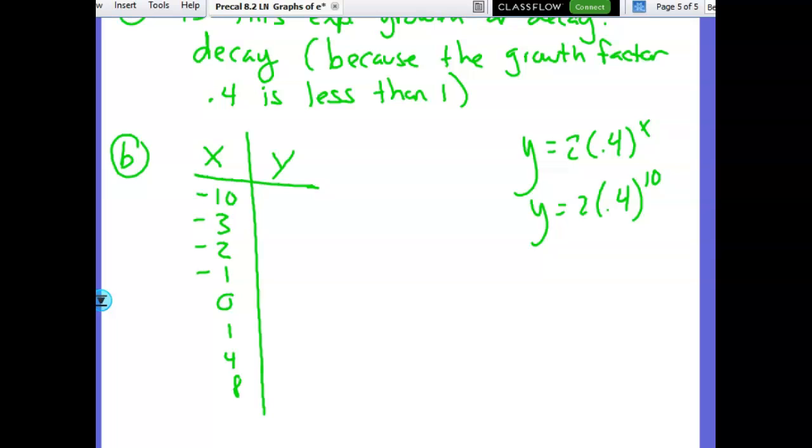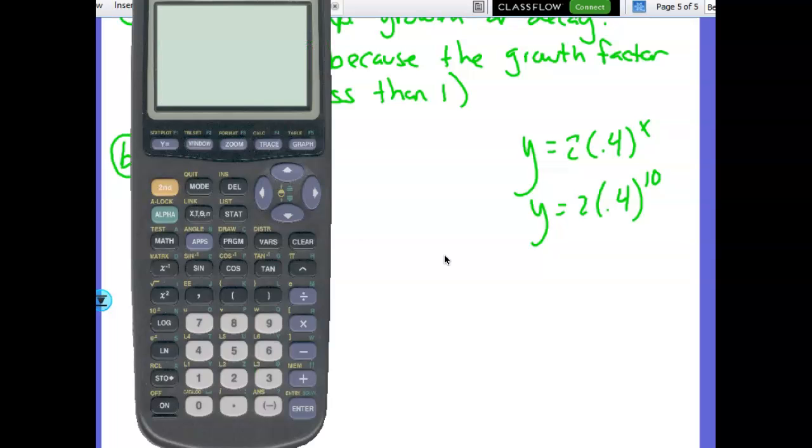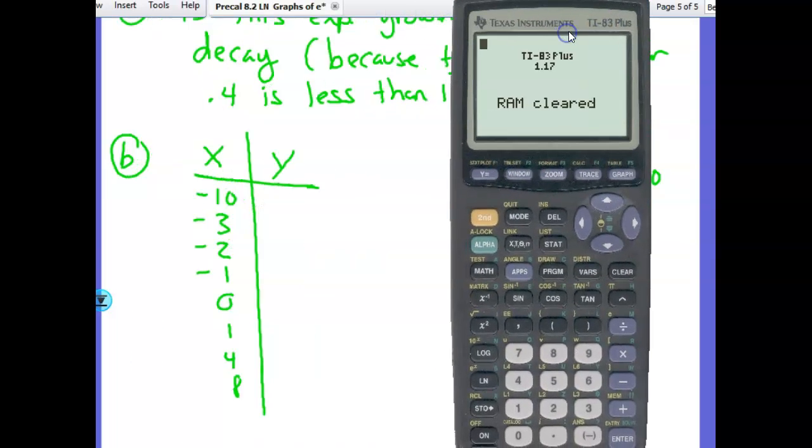So let me open my calculator up here. I'm going to do 2 parentheses 0.4 close parentheses power of parentheses 10 equals.